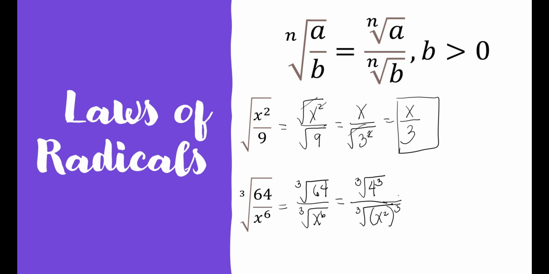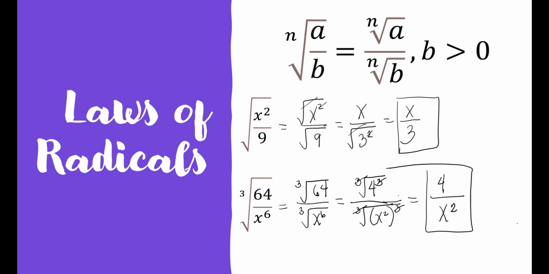Because x squared cubed, applying the laws of exponents, is equal to x raised to 6. We will now simplify this further as the numerator 4 and the denominator x squared. So we can say that the cube root of 64 over x raised to 6 is equal to 4 over x squared.